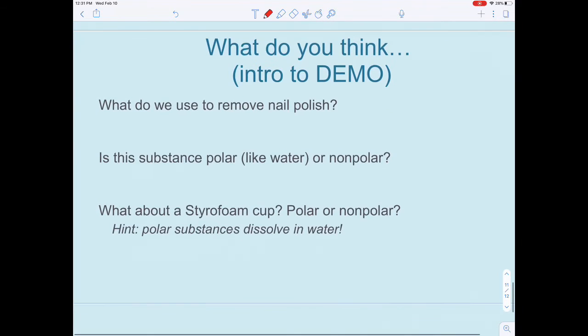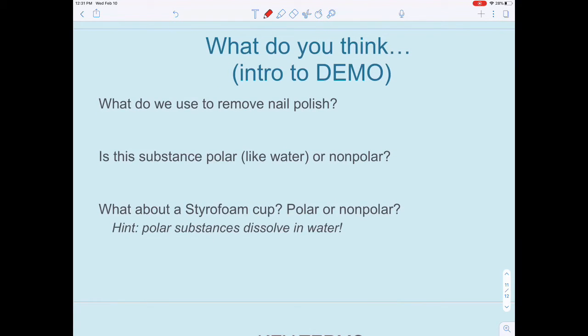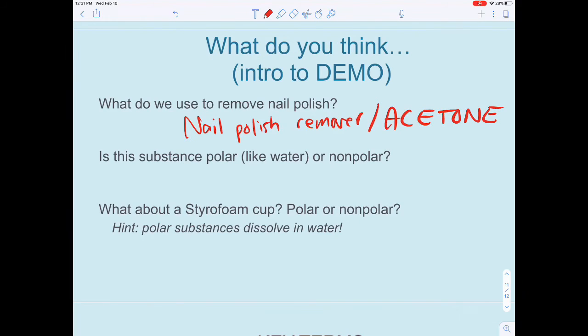Here's another example, and this will lead us to our demonstration. What do you use to remove nail polish? Okay, so nail polish remover, of course, which is also known as acetone. Now think about it. Is this substance going to be polar or nonpolar? I want you to answer this one.